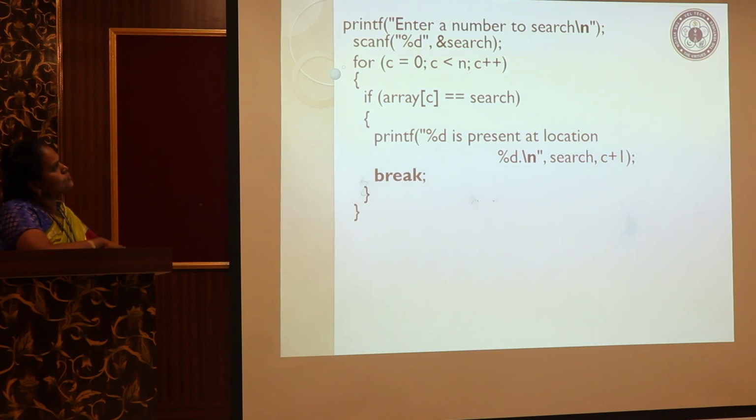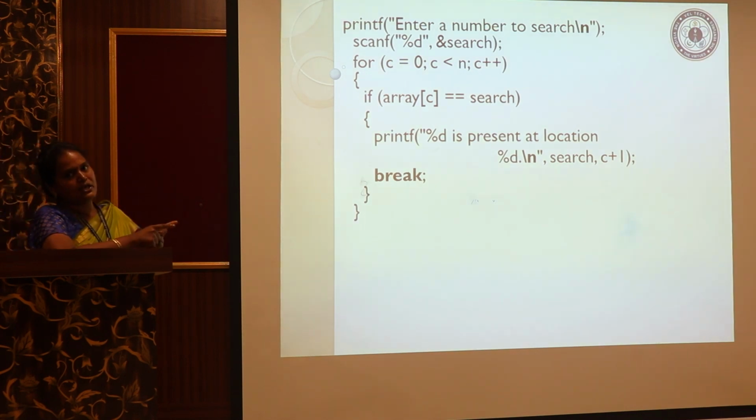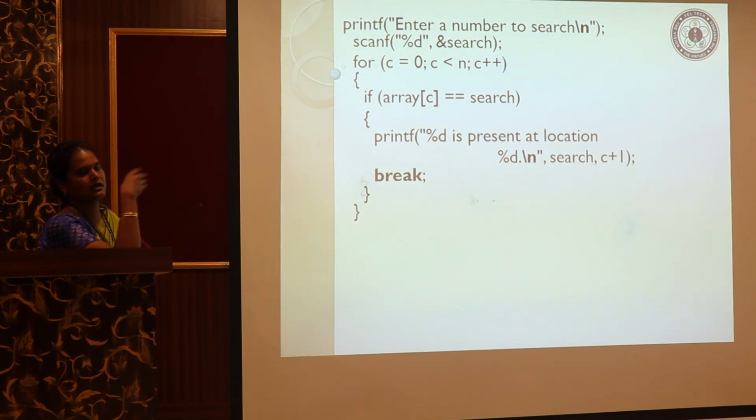And next, using a for loop, you try to find out whether the search element is present in the list or not. First you start with the index 0. So for array of 0, you try to find out if array of 0 is equal to search. For example, in the previous example I showed, the search element is 4.